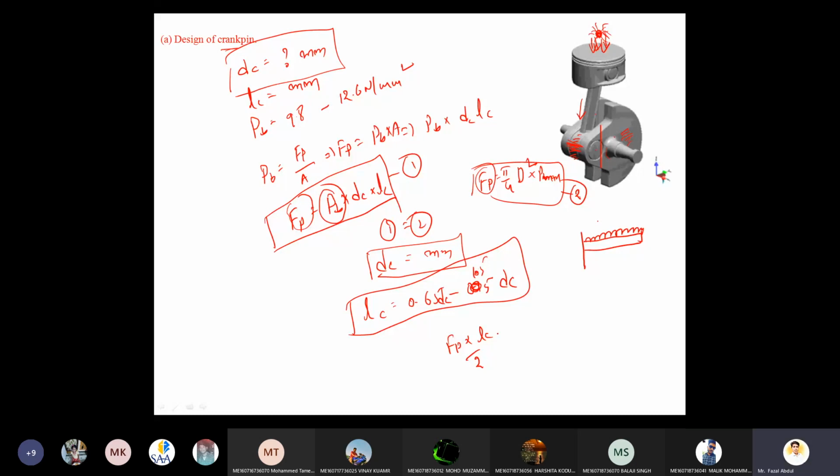But in actual practice, the bearing pressure on the crank pin is not uniformly distributed.